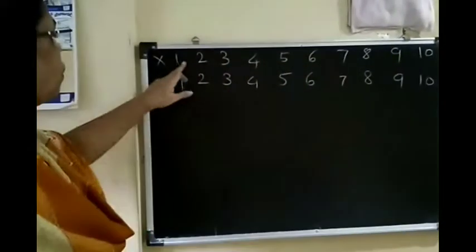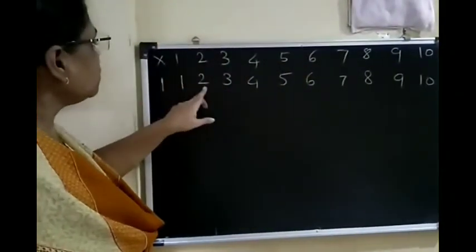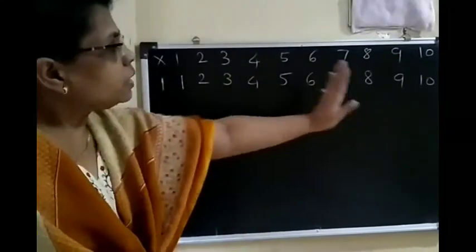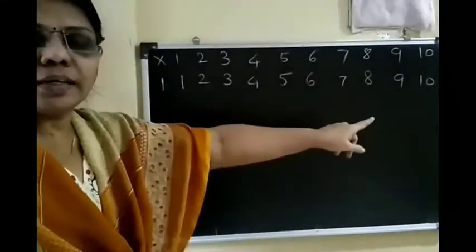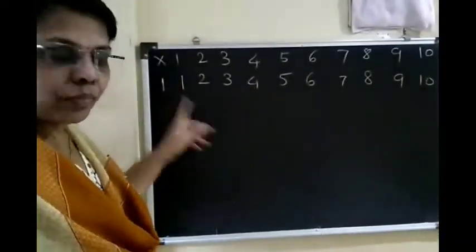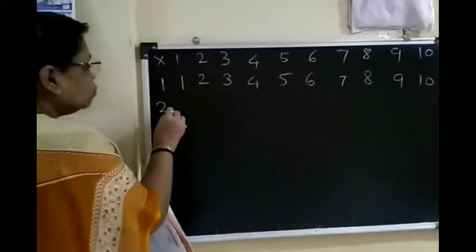Here, 1 1s are 1, 2 1s are 2, 3 1s are 3, 4 1s are 4, 5 1s are 5. This goes on, 10 1s are 10. All the figures are multiplied by 1. Now 2.